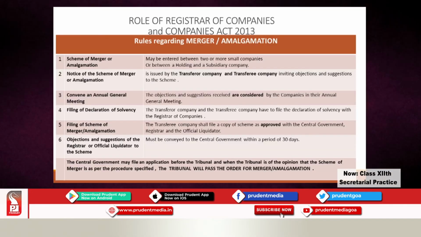Last, the central government may file an application before the tribunal.